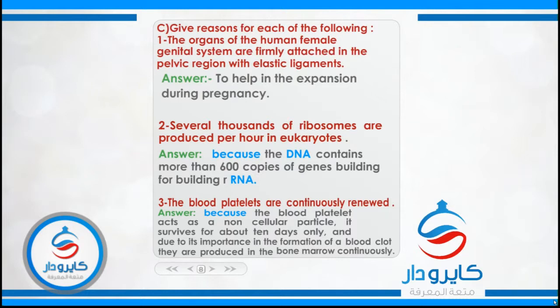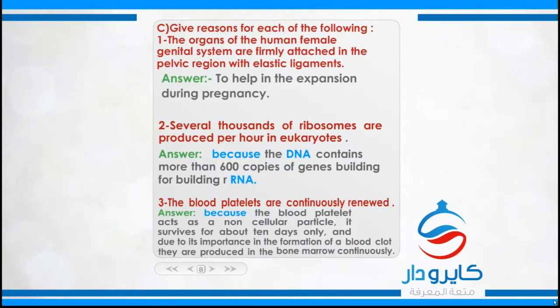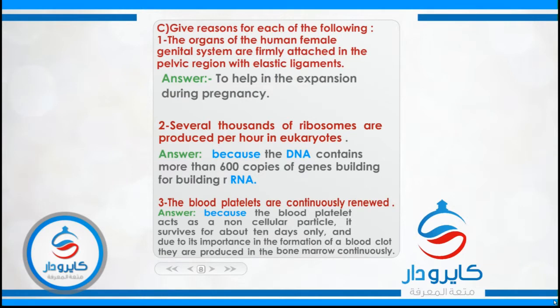The third part is the blood platelets are continuously renewed inside the body. We understand that the blood platelets are very important during the formation of blood clotting that protects the body against bleeding and also protects the body against hypotension.